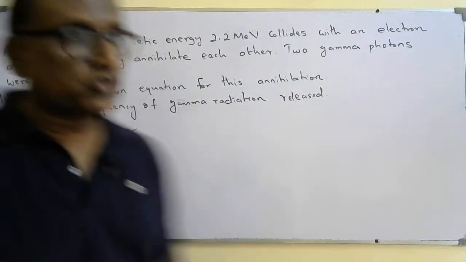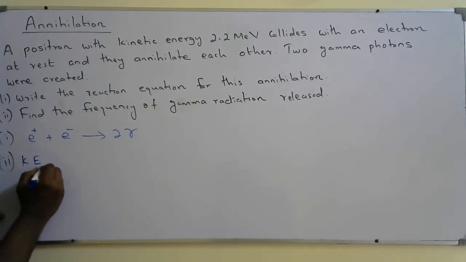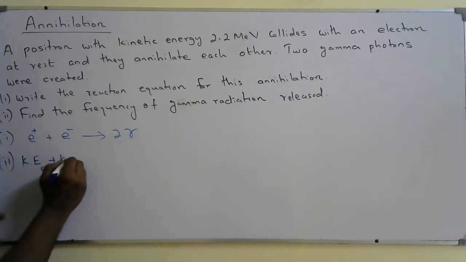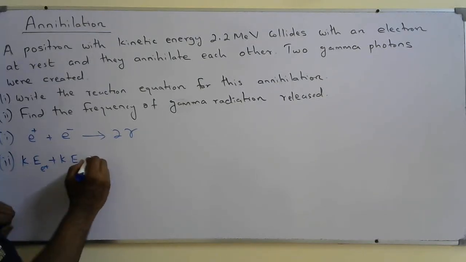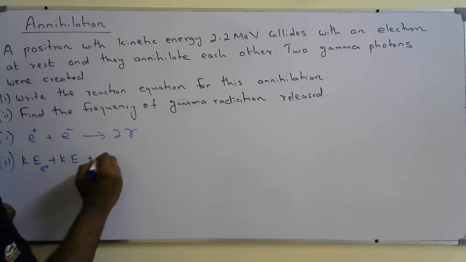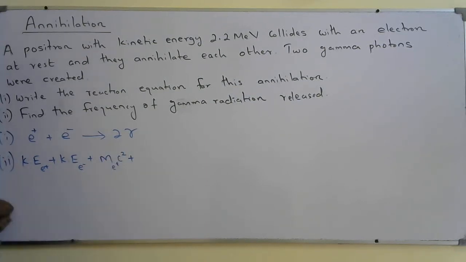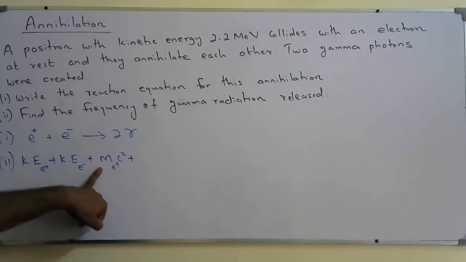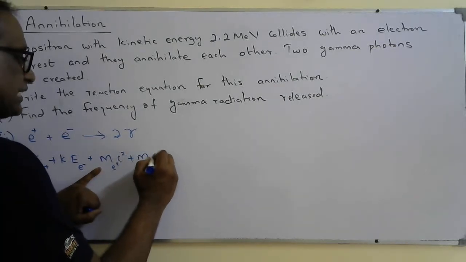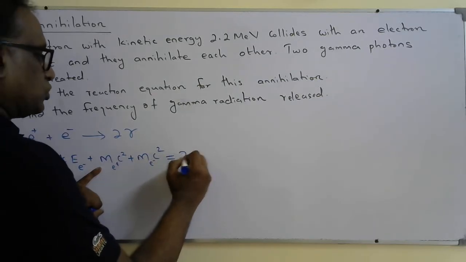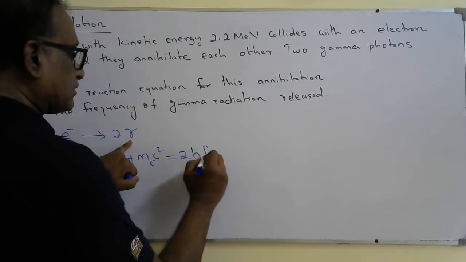The positron is in motion. So I write the kinetic energy of the positron plus the kinetic energy of the electron, which I know is zero, plus m_e c squared, the equivalent energy of the mass of the positron, plus the equivalent energy of the mass of the electron, equal to 2 times the energy of a photon, hf.